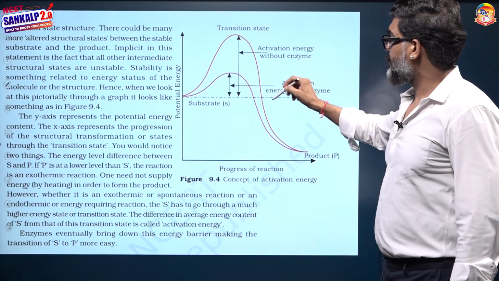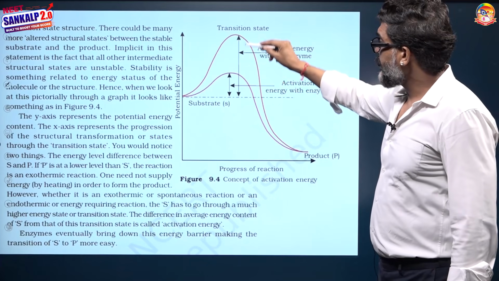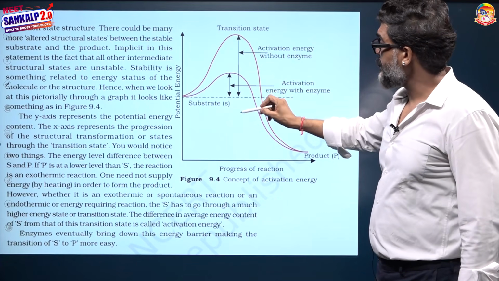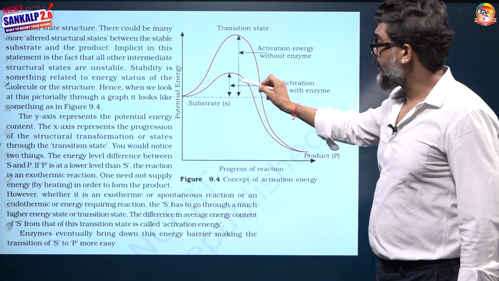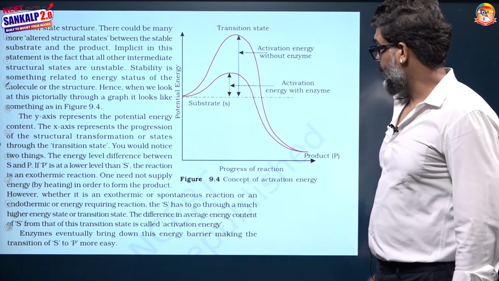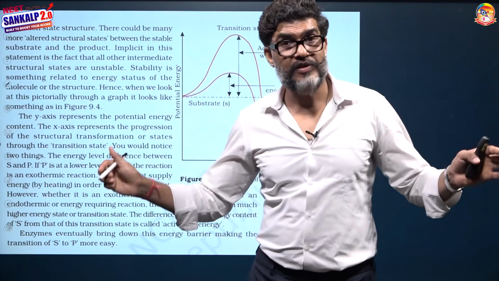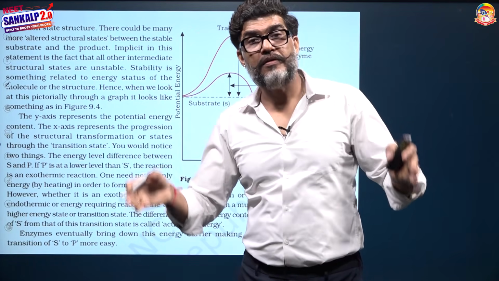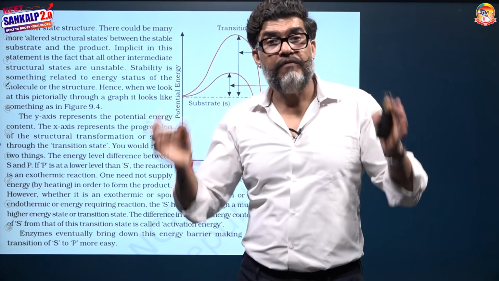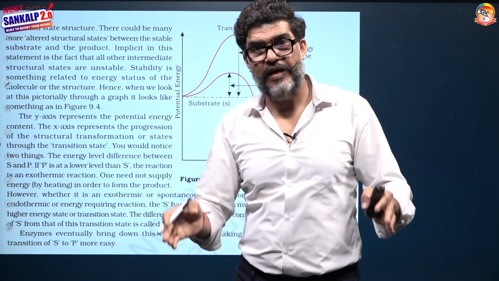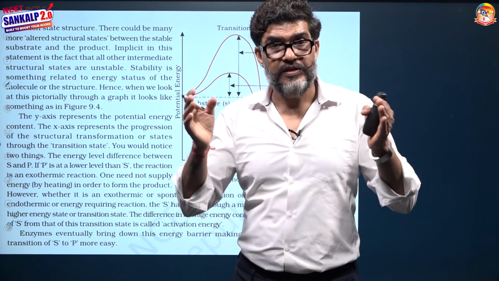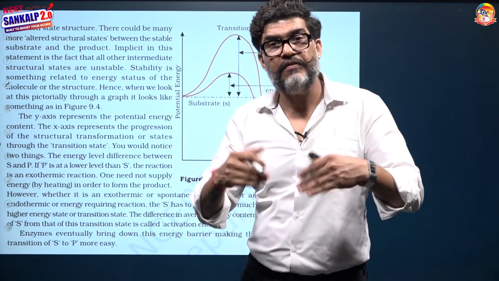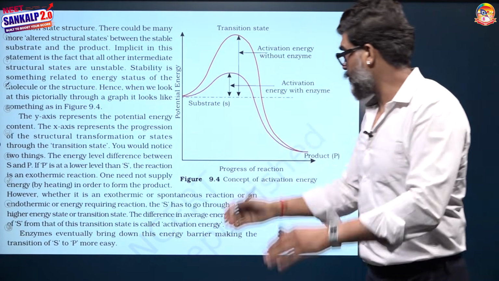The first graph, shown in red color, indicates this much activation energy. The second graph shows a relatively lesser amount of activation energy. Means what are enzymes doing? Enzymes are decreasing the value of activation energy so that the substrate can easily achieve its transition state and convert into product.